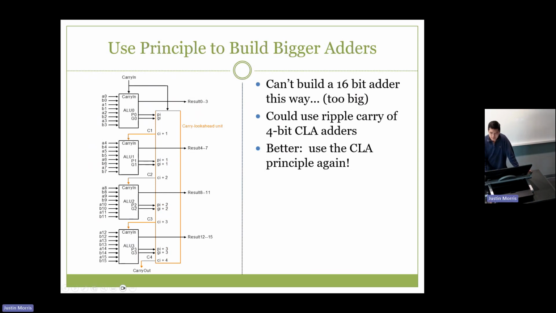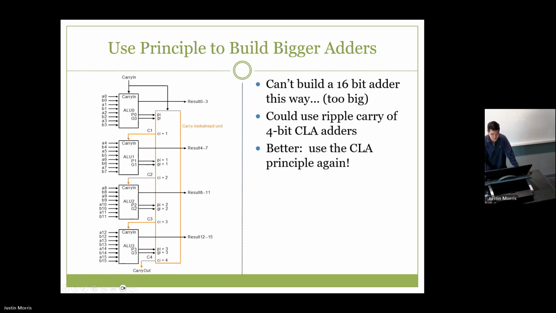So we can't build a 16-bit adder this way, for the same limitations of the other equation calculating the carries, right? Because if we have 16 bits, then we'd have 16-input AND gates, and you just can't make that in real life.